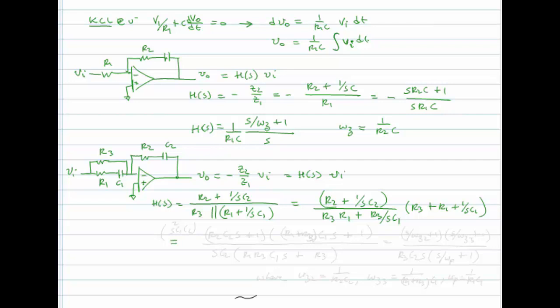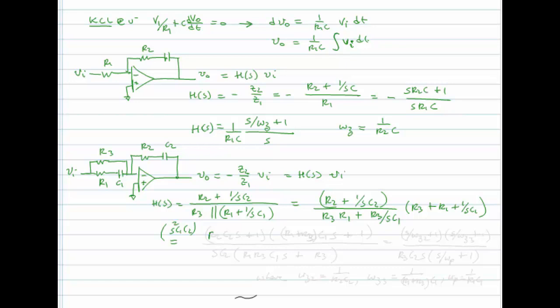And if we multiply through by SC1 C2, top and bottom, S squared, let's do S squared C1 C2.